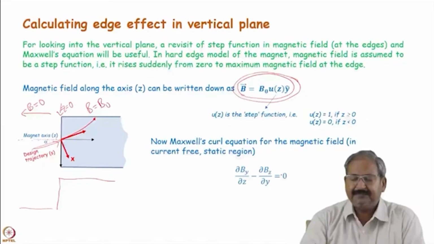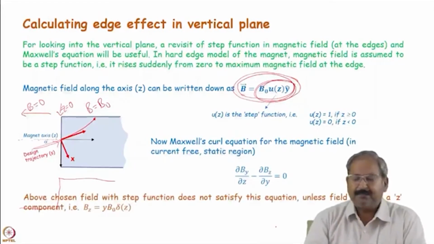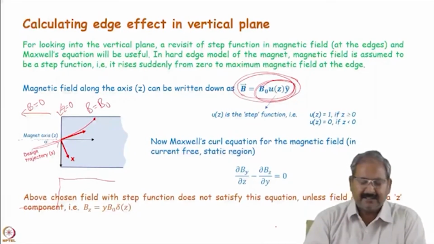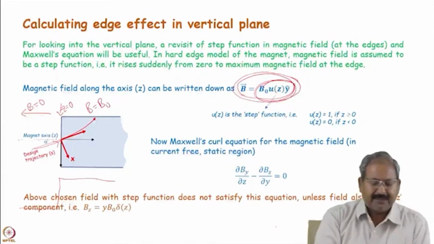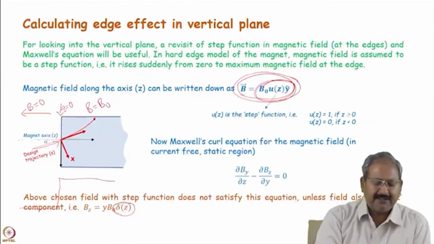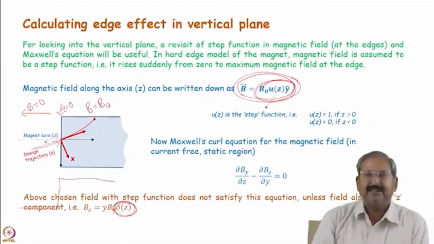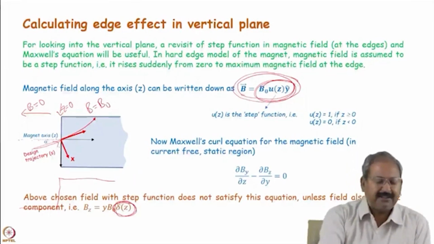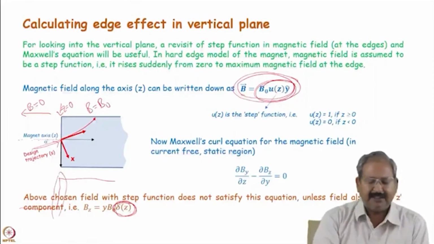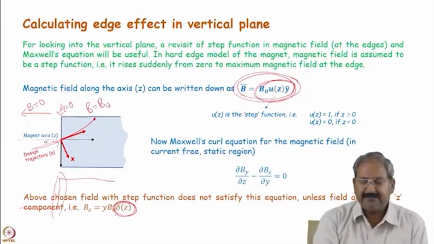Now we have magnetic field along the y-axis here, so we put del by del z, and at the location of a step function, this derivative will give you a delta pulse. When a step function is differentiated, at the location of the step you will have a delta function. So Bz will be y B naught delta z using this equation.